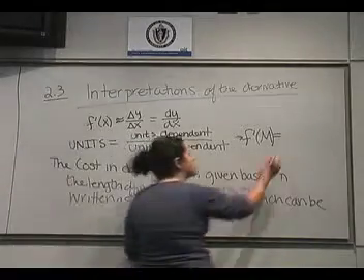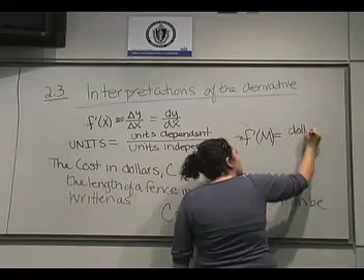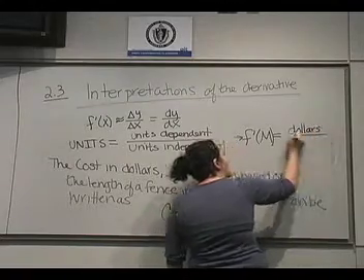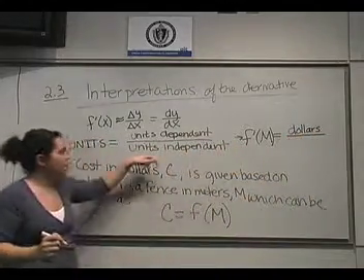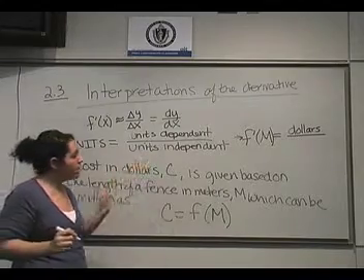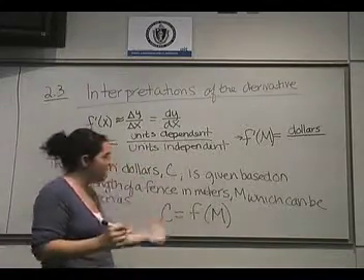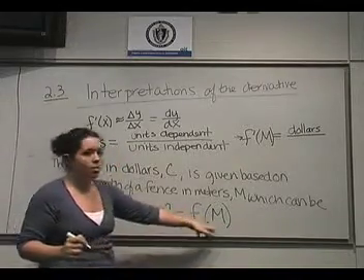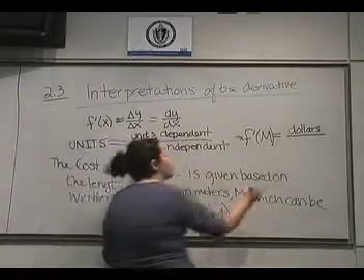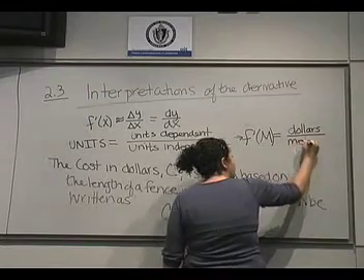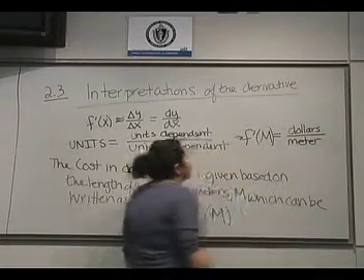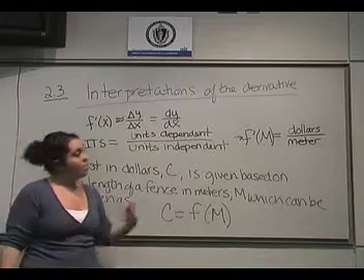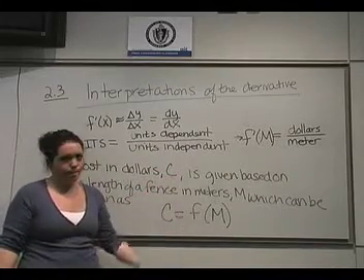That's going to be dollars, over the units of the independent variable. That's the number you're plugging into, the number that's changing, function of m, which was meters. So meters here is our independent variable. So here, our derivative then has units dollars per meter.